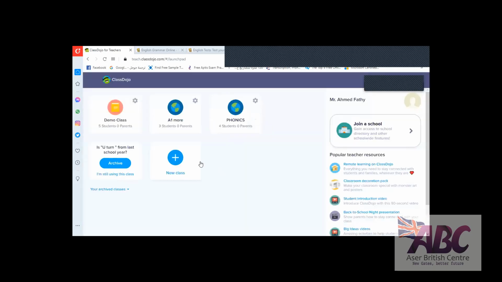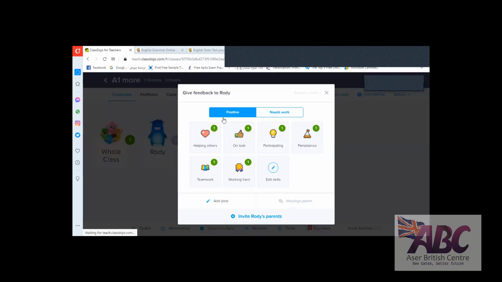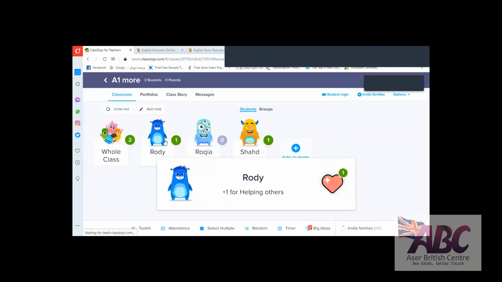Here, you can create classes. For example, if you create a class like this one, in this class I have 3 students. In each student you can give positive marks or negative marks. Of course, you have to have a display in your class in order to motivate your students by giving them positive points, for example, on task.